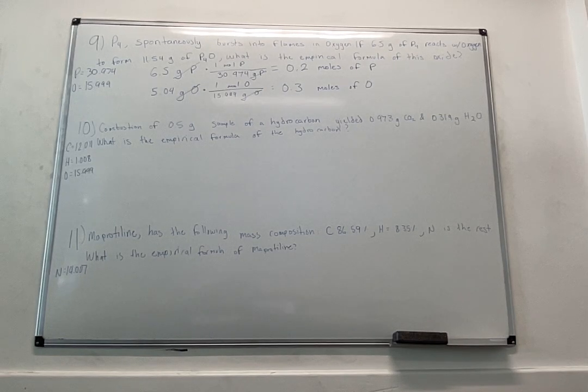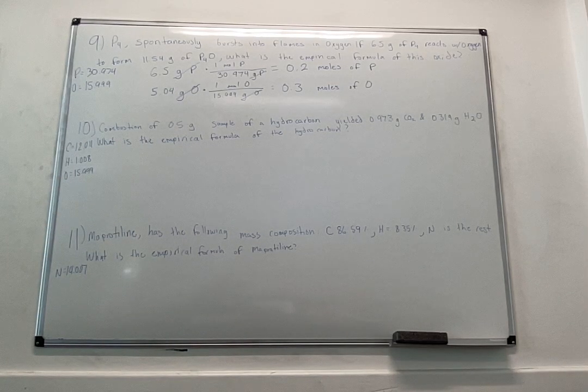You want to keep it simple. Just put 0.2. For 5.04 over 15.999, you get something like 0.315. Again, that's too big. We can just keep it simple. 0.3 is good enough.